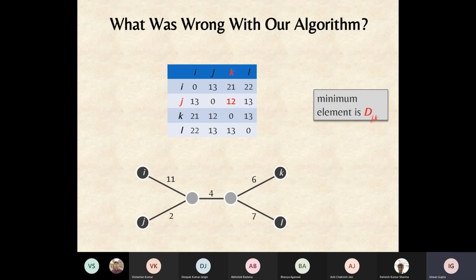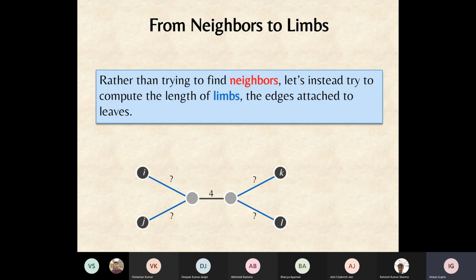But do you see, are they neighbors? No, sir. J and K are actually not neighbors. They have two common ancestors, in fact, ancestral nodes. So this assumption that we had for making the tree is not accurate.